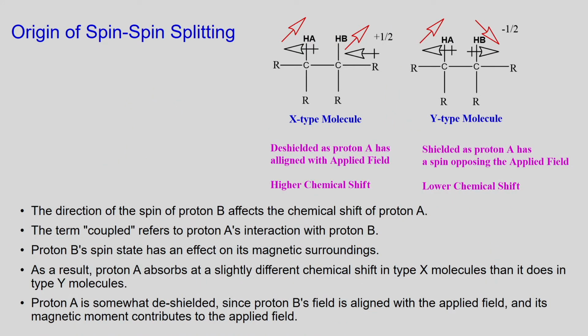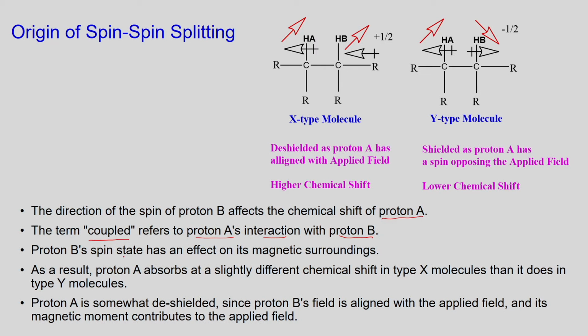As I told you, the direction of the spin of the proton affects the chemical shift of proton A. The term coupled refers to proton A's interaction with proton B.